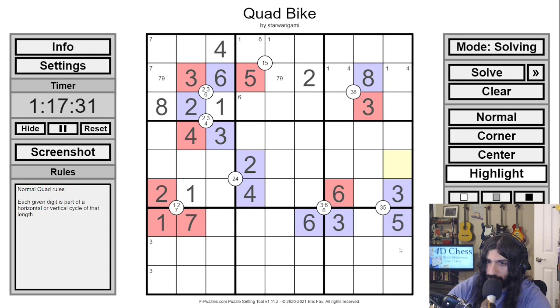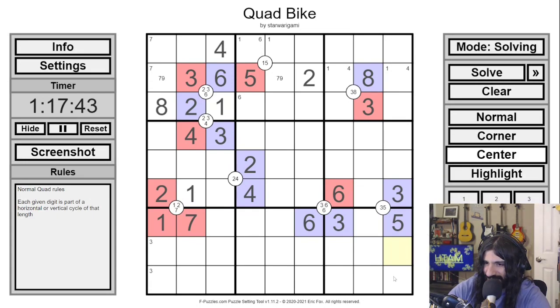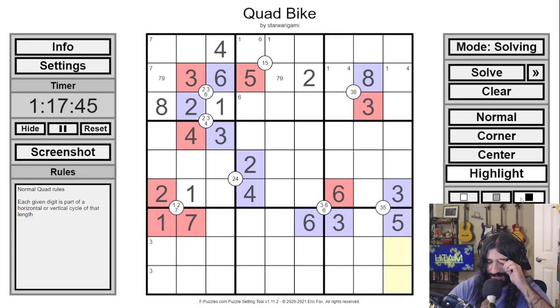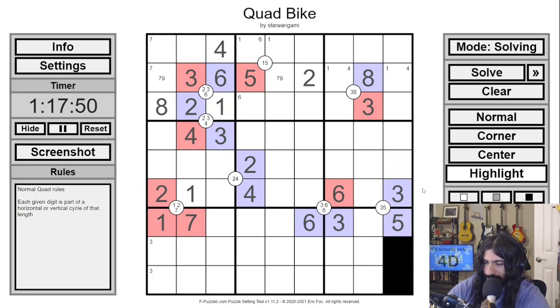So there has to be a 7... Sorry. Either an 8 here or a 9 here. How do I notate that? One of these has to be a self-reference. We'll notate that with black. Either this has to be an 8 or this has to be a 9, I guess. Right?